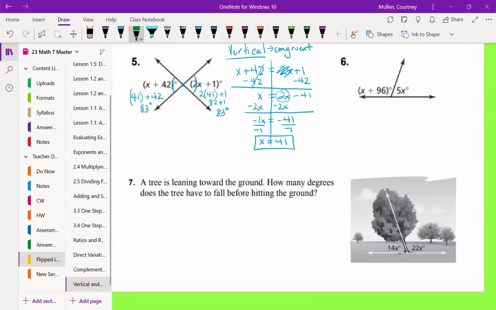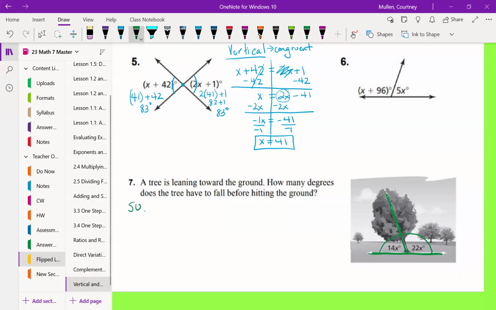And here's our last problem. A tree is leaning towards the ground. How many degrees does the tree have to fall before hitting the ground? Well, again, the tree is sticking up from the ground, and the ground is our straight angle. And we see that these two angles form that semicircle against the straight angle. So what type of angles do we have?